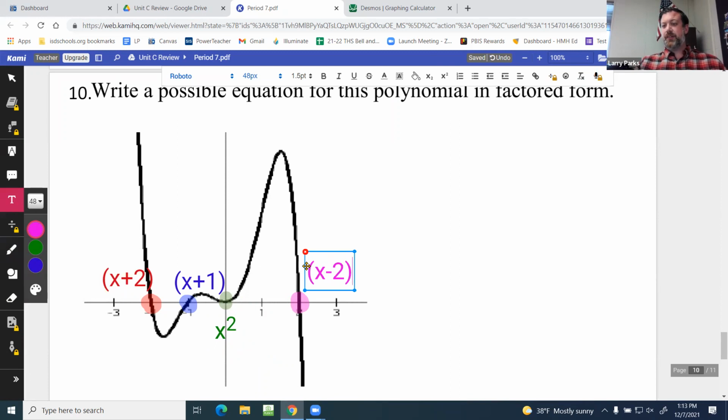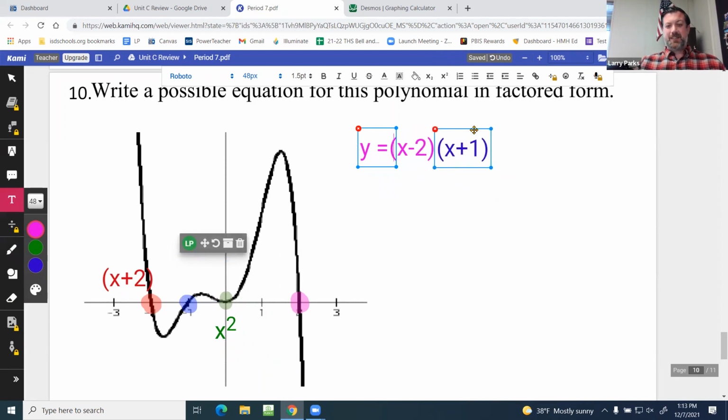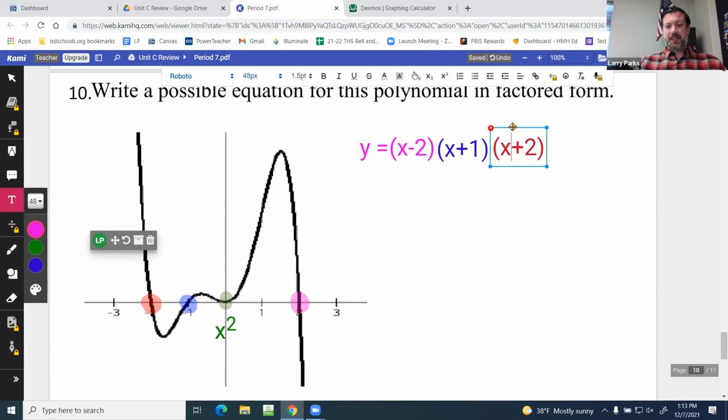And it goes straight through. Now, putting all that together, I would get y equals, and I'm going to do the lazy man method, x minus 2 times x plus 1 times x plus 2. Don't forget your x.